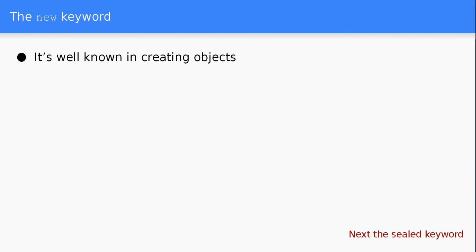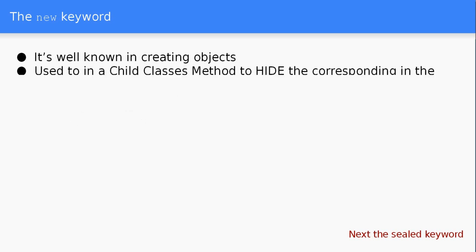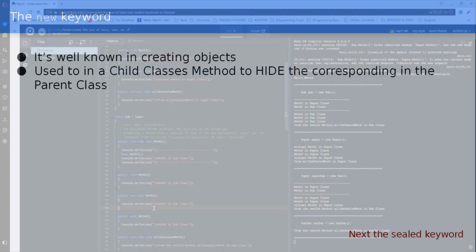Okay, then we are going to see the new keyword. The new keyword is widely used when we are going to create an object. So what are we going to do with a new keyword? With a new keyword, we are going to hide the method from this child class, the relative method in the superclass.